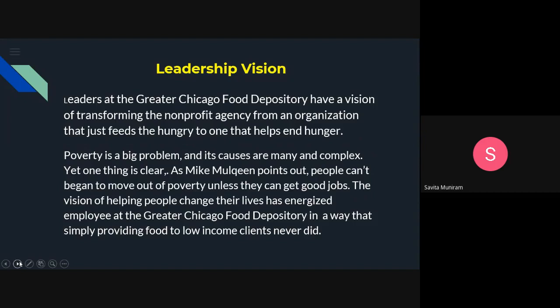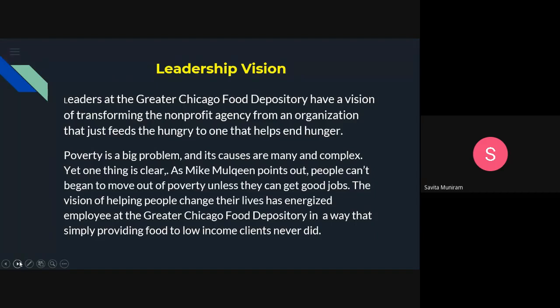And one of the examples I would also use is leadership vision. Leaders at the Greater Chicago Food Depository have a vision of transforming a nonprofit agency from an organization that just feeds the hungry to one that helps end hunger. Poverty is a big problem and its causes are many and complex.